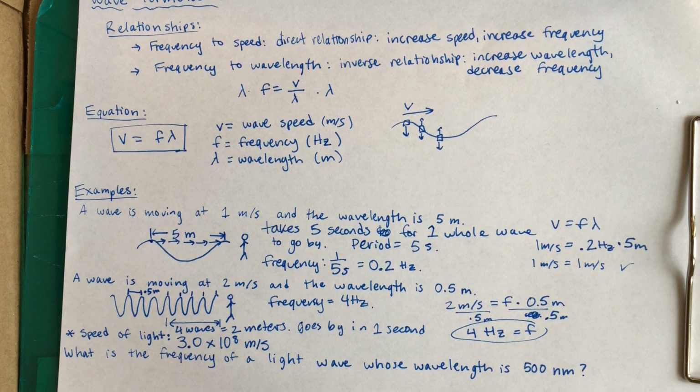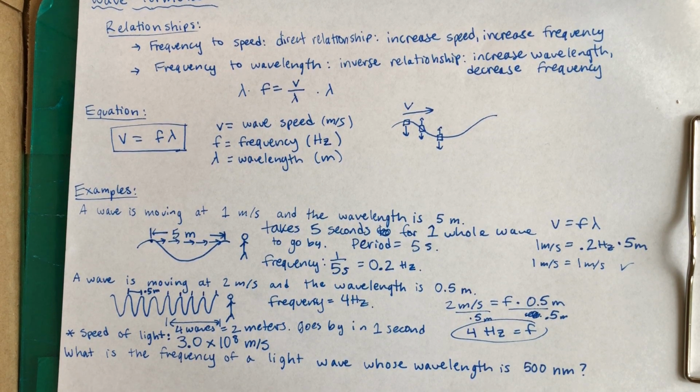It's like 300 million meters per second, way faster than you can picture in your own head. But what this means is that you should expect a really big number of waves to go by every second, because they're moving so fast. If you were to try to count how many waves just went by, it should be a really big number.